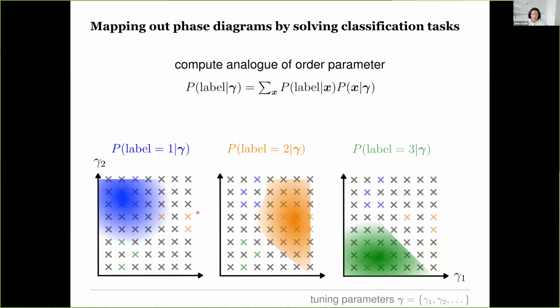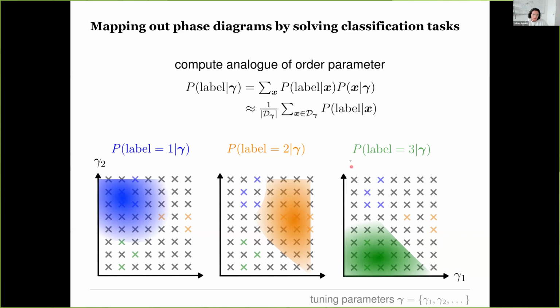These 2D maps will have high values close to the blue points, which are characteristic of the blue phase, so phase 1 in that case, or the orange points or the green points. So these are really analogs of order parameters, in the sense that these maps reach a value close to 1 deep within the phase and drop down to 0 within the other phases.